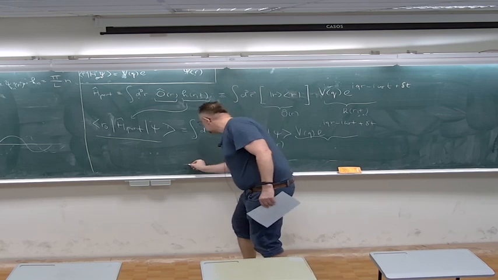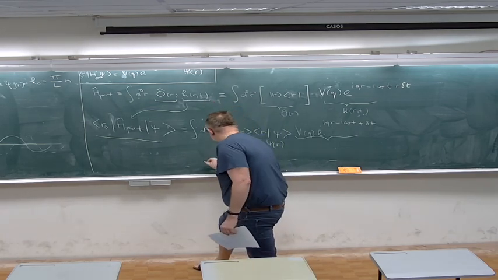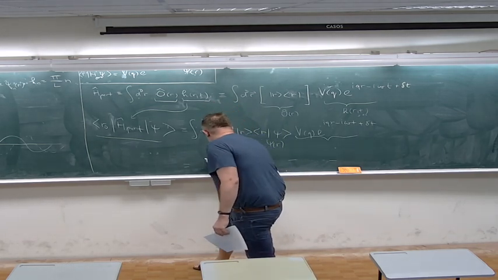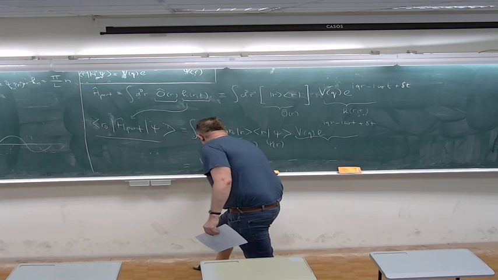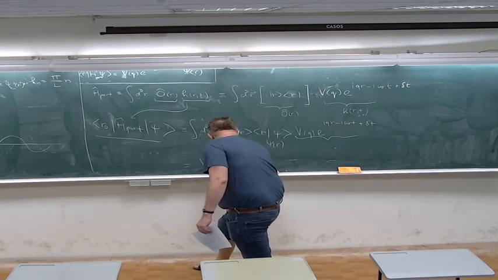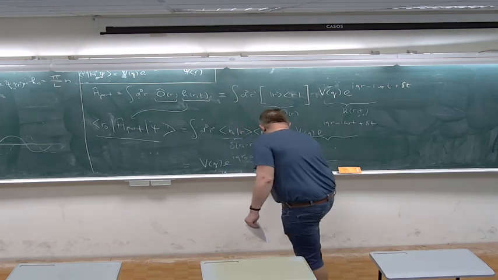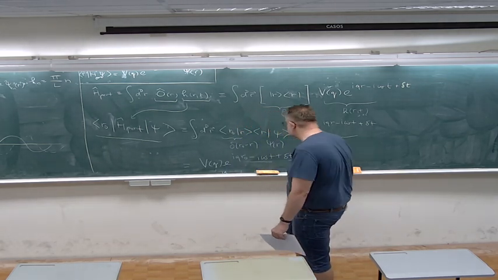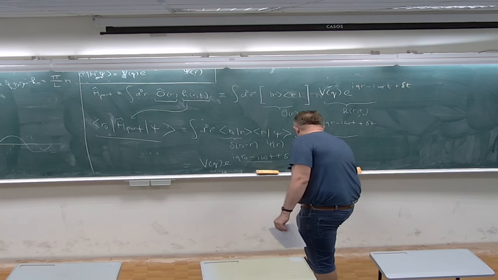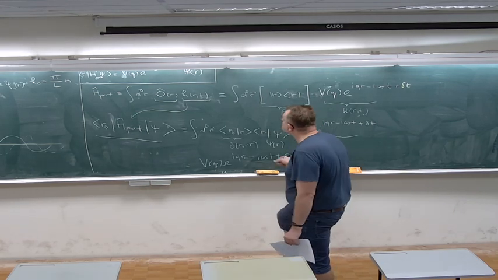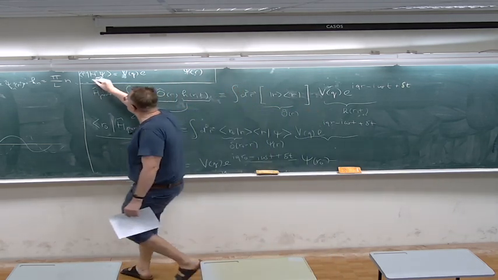So we immediately get as a result of the integration V_q e^{i(q·r0 − ωt)}. I also have this convergence factor now added, because I added it by hand. There's the wave function at point r0, which is exactly what is here if I put r0.